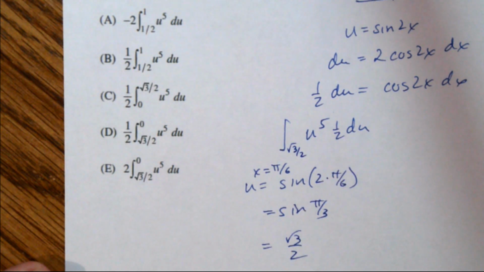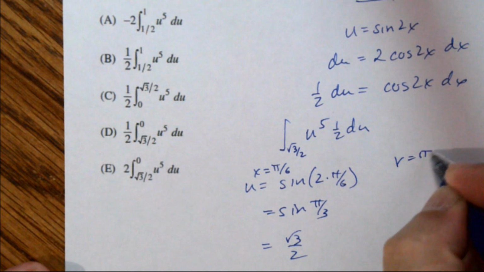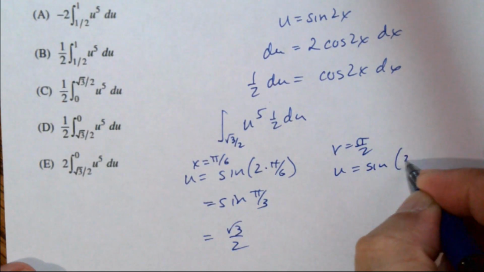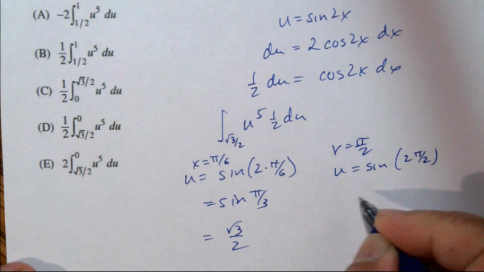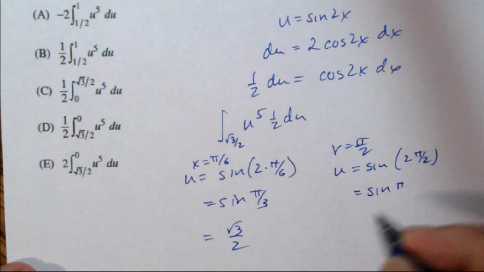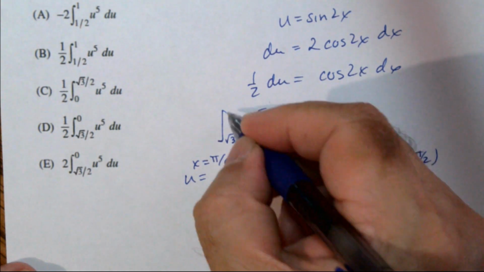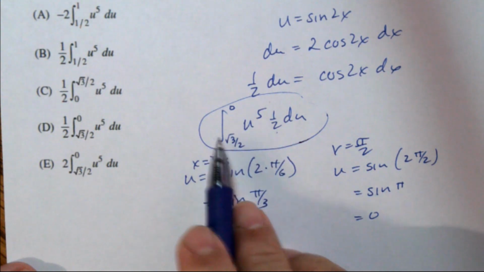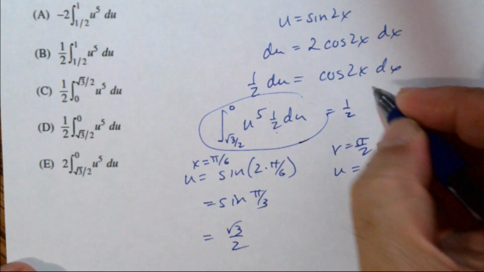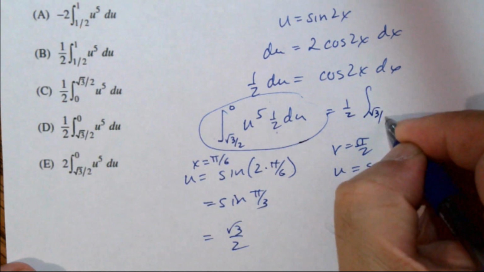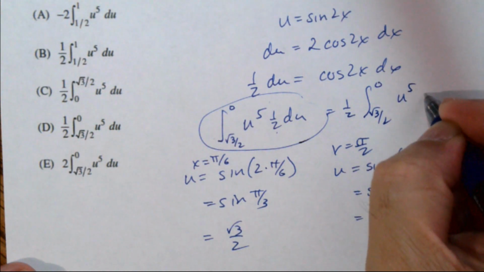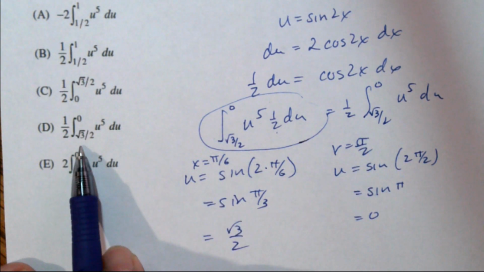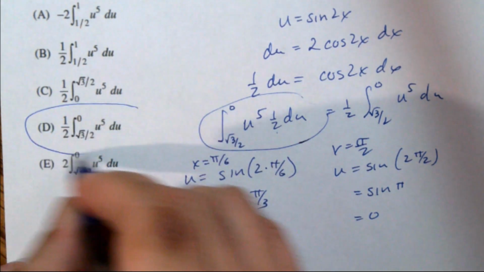All right, and then if x equals pi over 2, then u equals sine of 2 times pi over 2, which is the sine of pi, which is 0. So it's going up to 0. All right, so let's clean this up. I'm going to move the 1/2 outside. So square root of 3 over 2 to 0, and it's u to the 5th du. And let's look for square root of 3 to 0. There it is. And the answer is D.